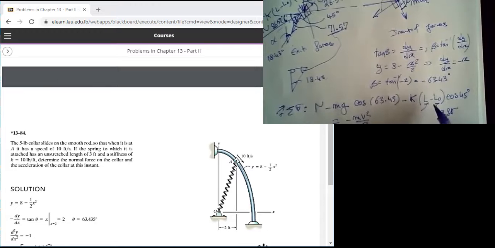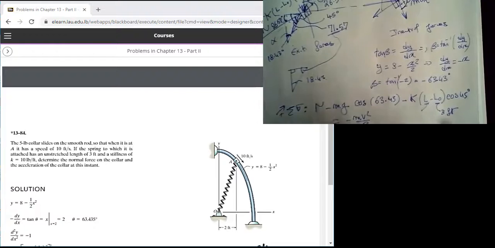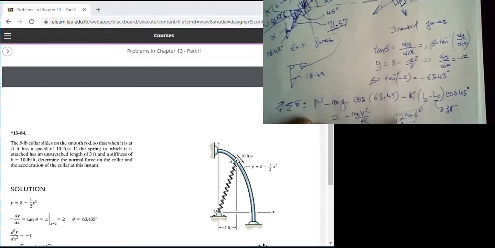What is L? Radical of 2 squared plus 6 squared. Exactly. L is the square root of 2 squared plus 6 squared, which is the length of the spring at that point. It's very important, okay? We're good, right?